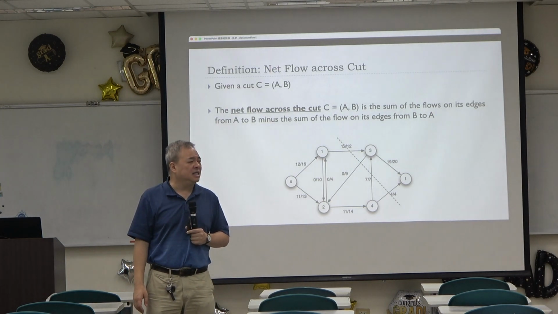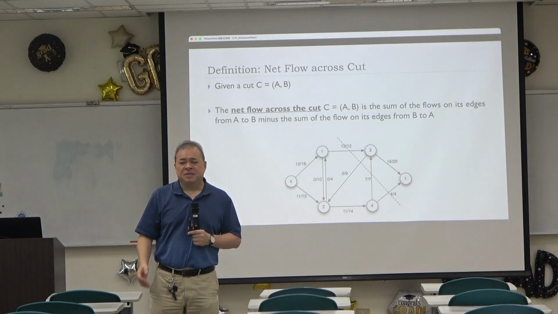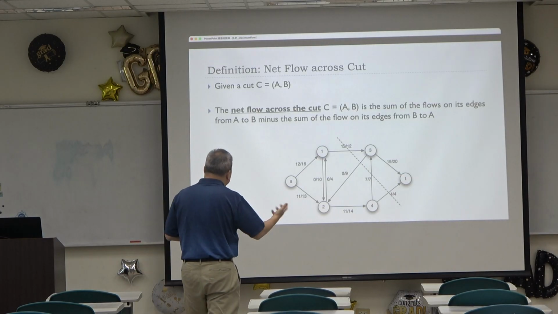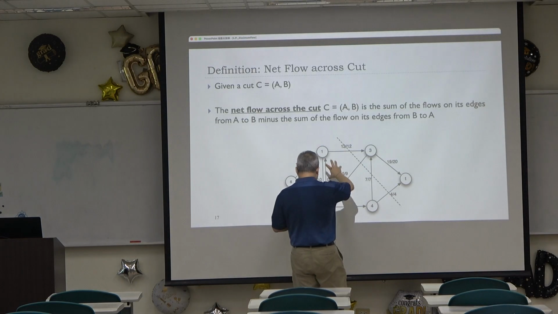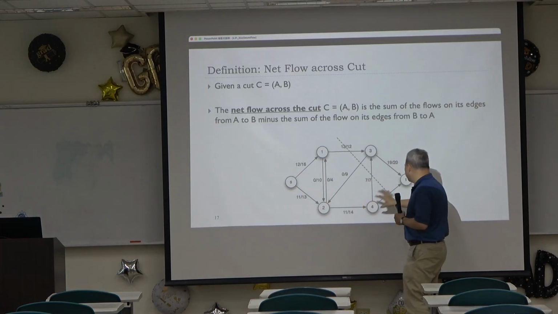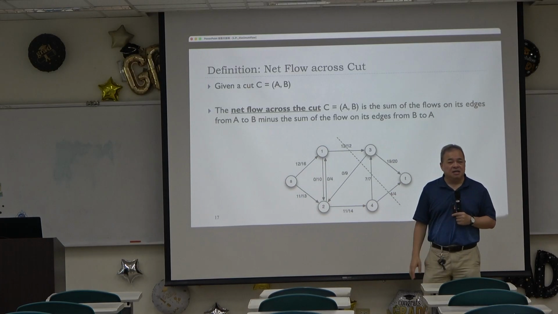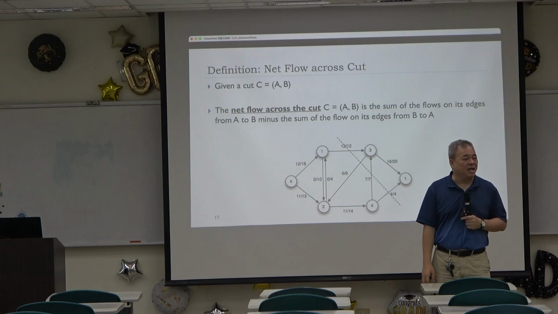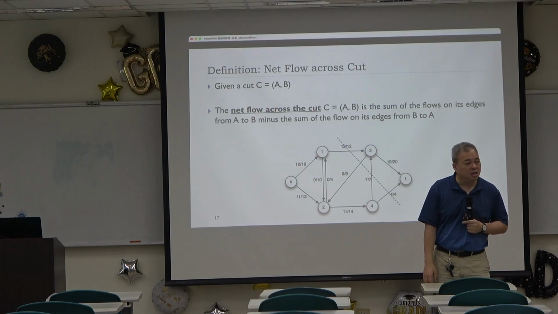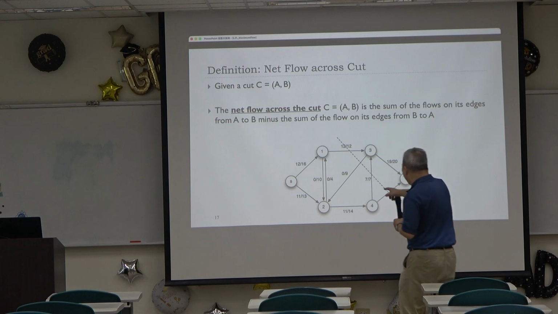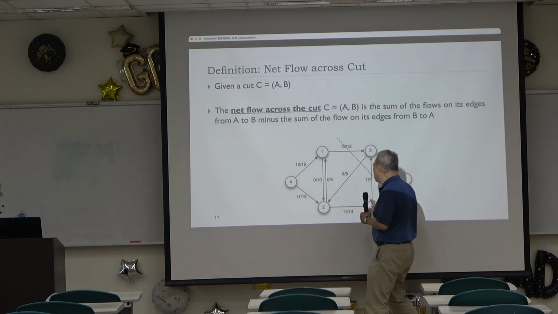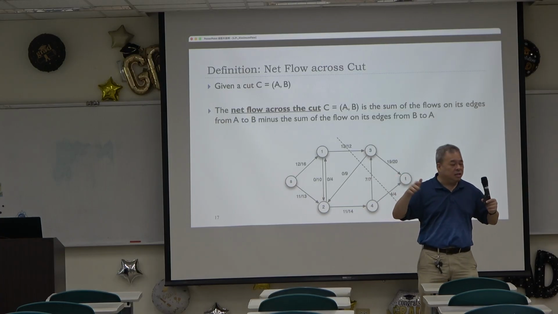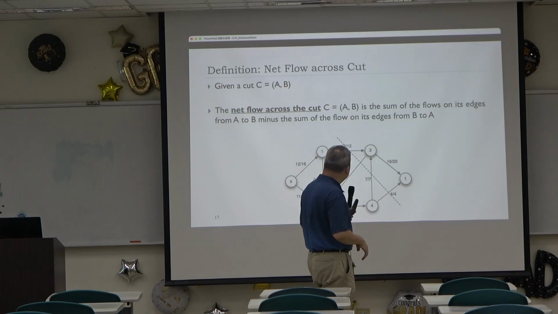The answer is again, no. Let's assume node 1, node 4, and T are in set B, and the rest of the nodes are in set A. Obviously 1, 4, and T are not connected, right? And the rest of the nodes will be S, 2, and 3.